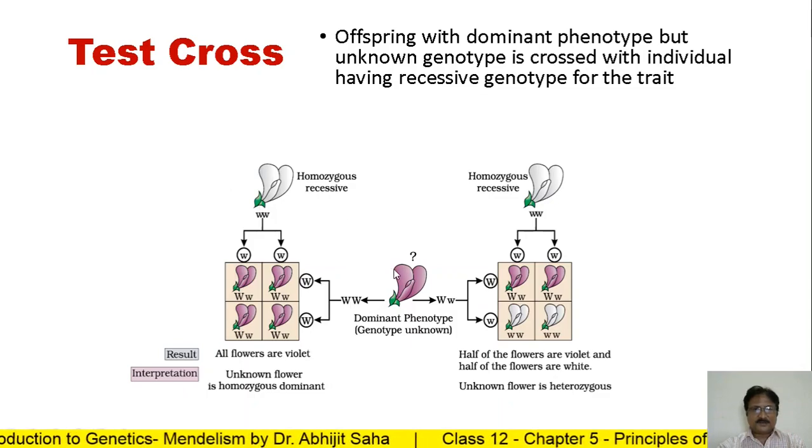For this, to know the genotype of this plant or this character, it will be crossed with an individual having a recessive genotype. That means this flower now has to be crossed with a recessive flower, that is a white flower. Now what are the probabilities? There are two probabilities.